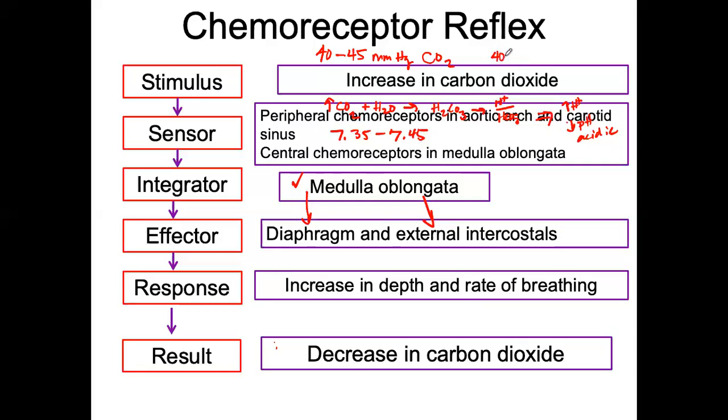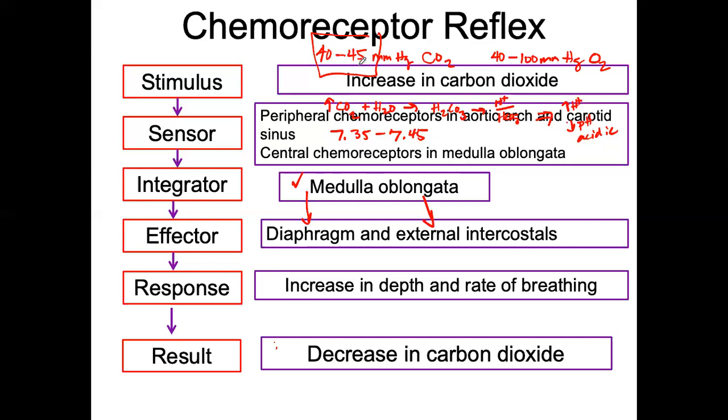It's about 40 to 100 millimeters of mercury of O2. And because this is such a narrow window for CO2, this tells me that this is highly regulated along with pH. So when CO2 starts hitting the 45, those chemoreceptors are going to start firing to the medulla oblongata, and that's going to cause you to take a breath.